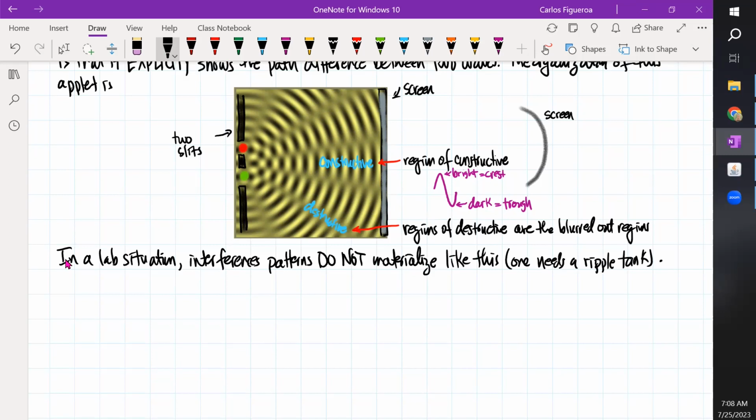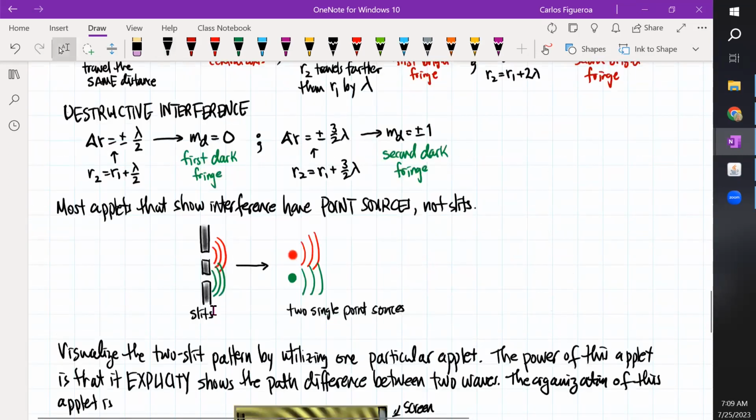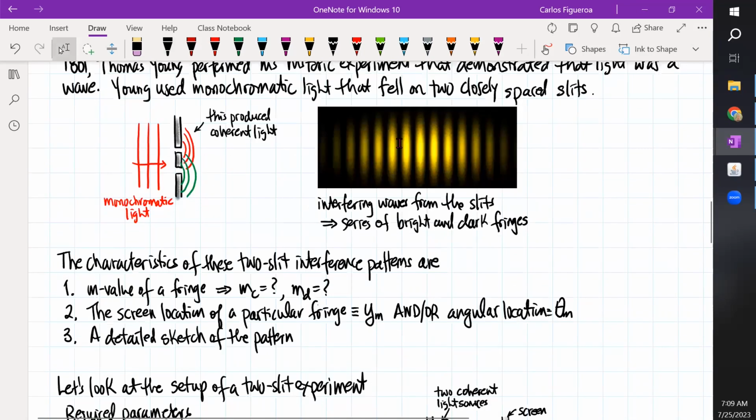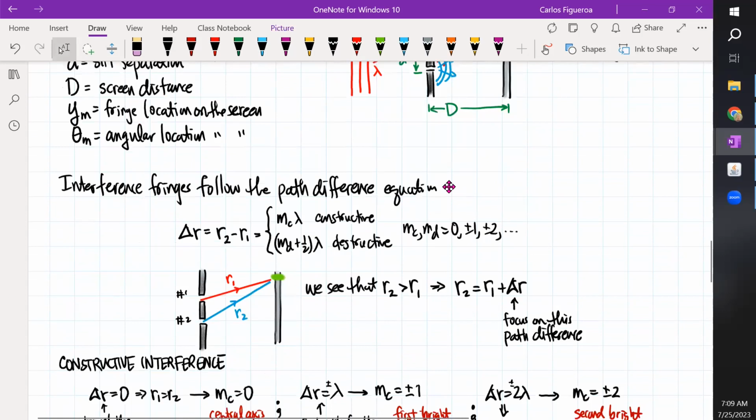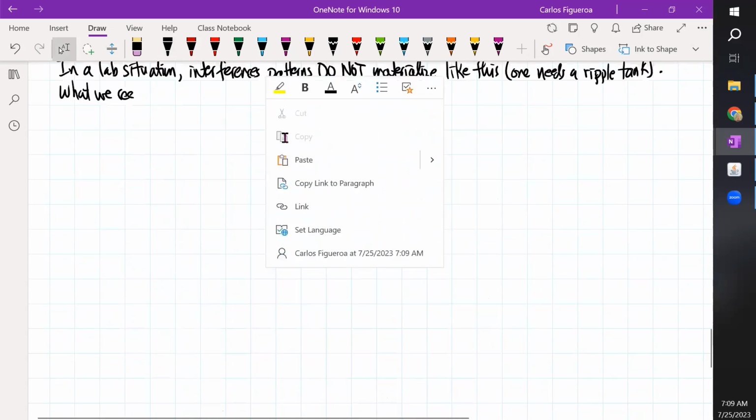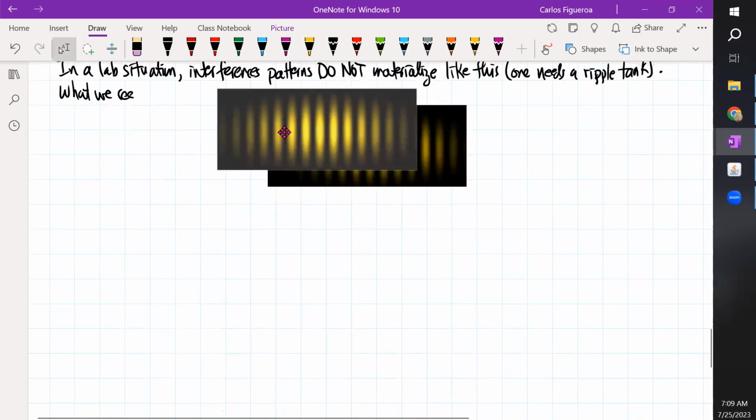So what we see is what we already showed, right? I have this image up here, which I'll just grab. And if I bring this image down here, here's what we see. We see this pattern right here.